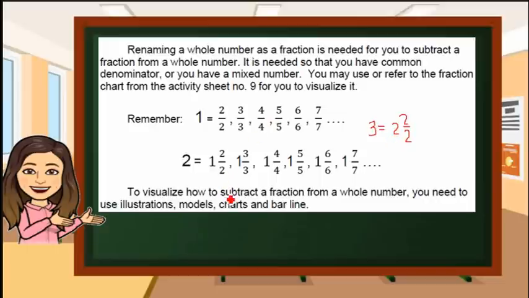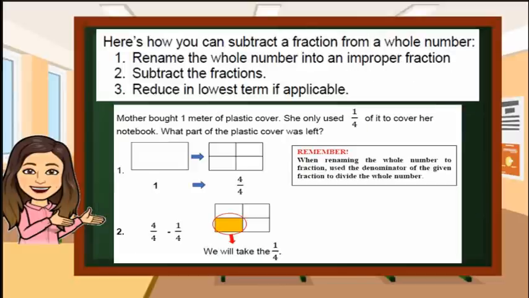So to visualize how to subtract a fraction from a whole number, you need to use illustrations, models, charts, and bar lines. So always remember that, class. So let's now go over to our example.